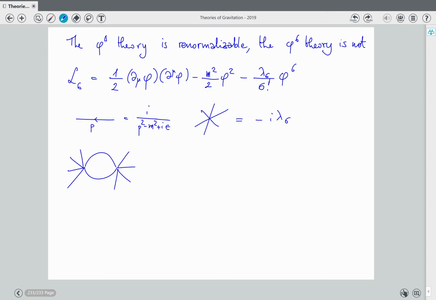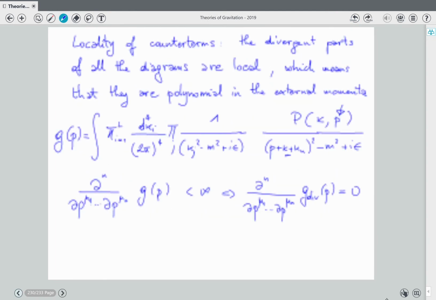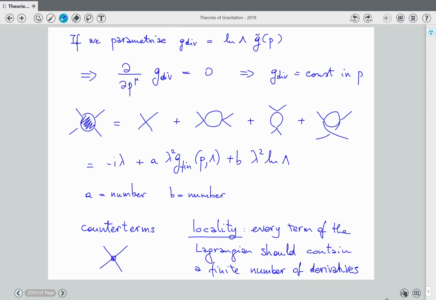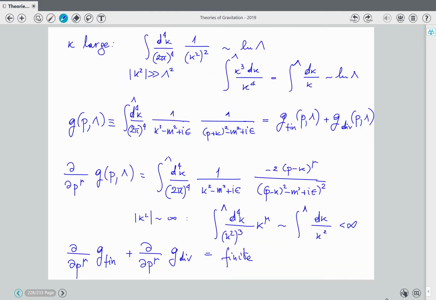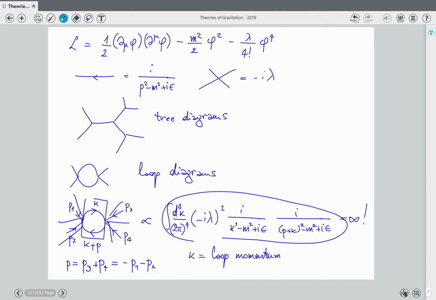But the integral you get is exactly the same integral we got before, because the internal part is exactly the same. Whatever the number of legs you may add, they are external, and the diagram is amputated, so they don't change anything.